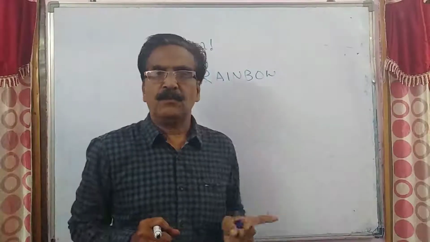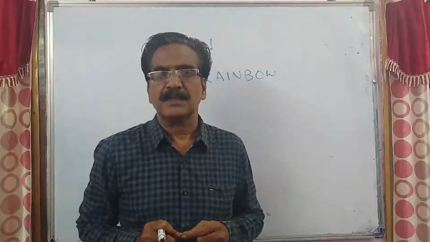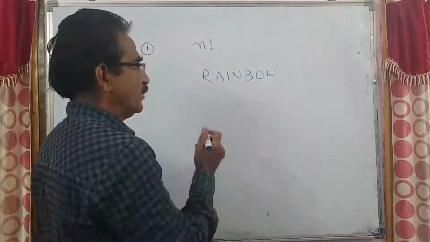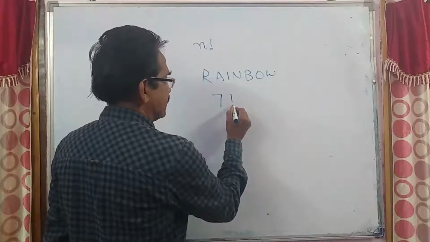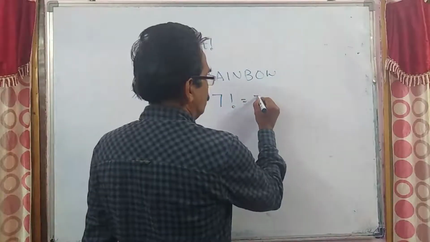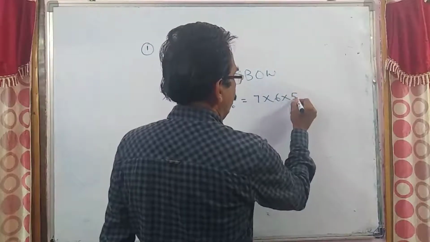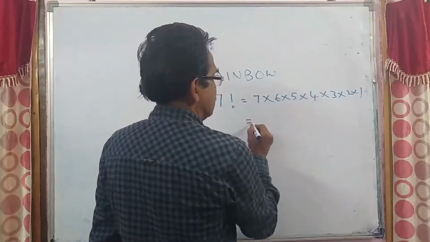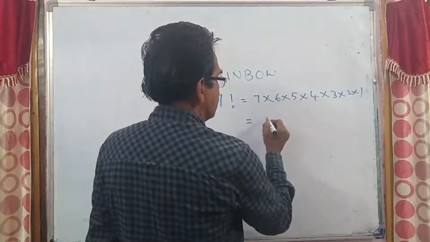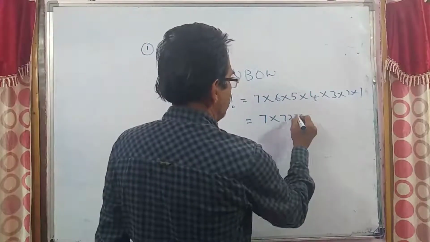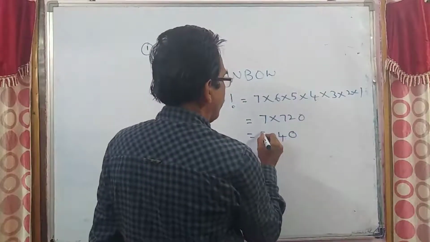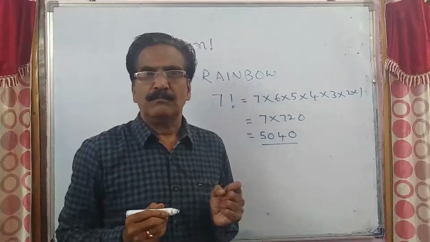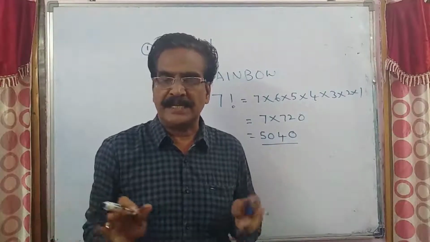So these 7 different letters can be rearranged in 7 factorial ways. 7 factorial is equal to 7 into 6 into 5 into 4 into 3 into 2 into 1, which is 5040.